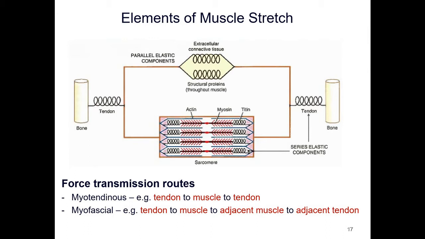Myofascial force transmission involves forces transmitted from tendon to muscle to adjacent muscle through connective tissue to adjacent tendon. In some cases, it has been shown that as much as 50% of the force transmitted through the body goes through myofascial routes.